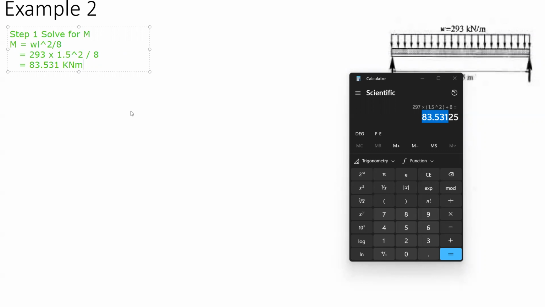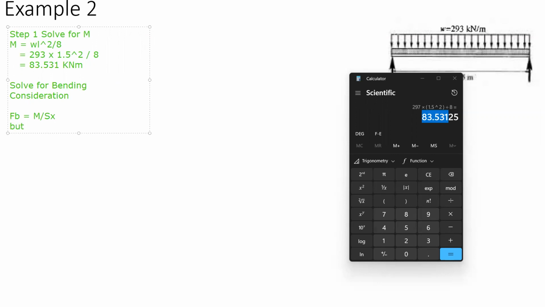And now that we know M, we have FB for bending. We have FB is equal to M over SX.